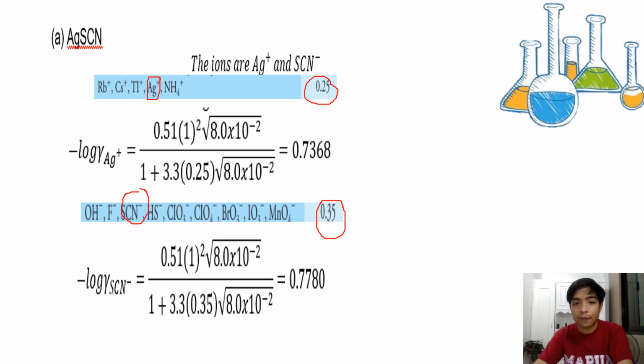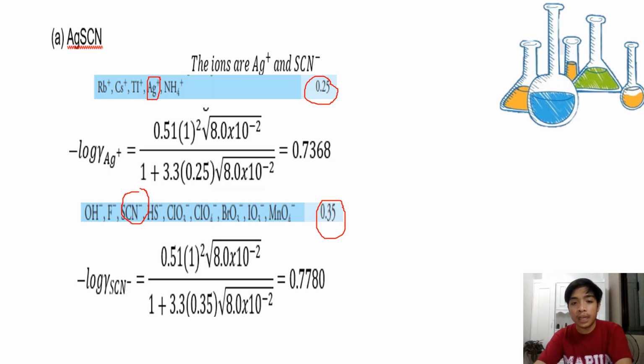So substituting it to the equation, the negative logarithm of the activity coefficient of the thiocyanate ion equals 0.51 times 1 squared, multiplied by the square root of the ionic strength, which is again 8.0 times 10 to the negative 2, all over 1 plus 3.3 times the effective diameter of 3.35 and the square root of 8.0 times 10 to the negative 2, which is the ionic strength.